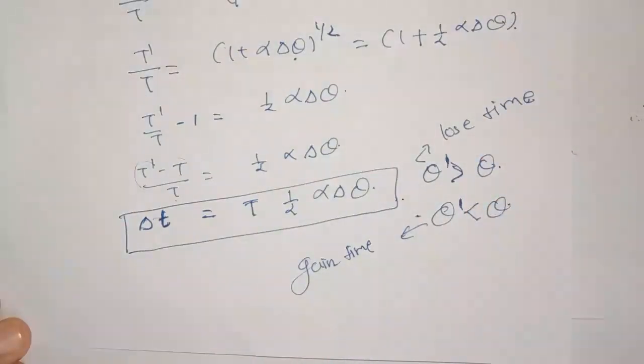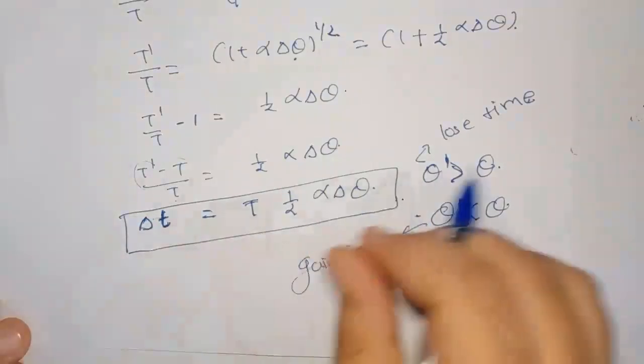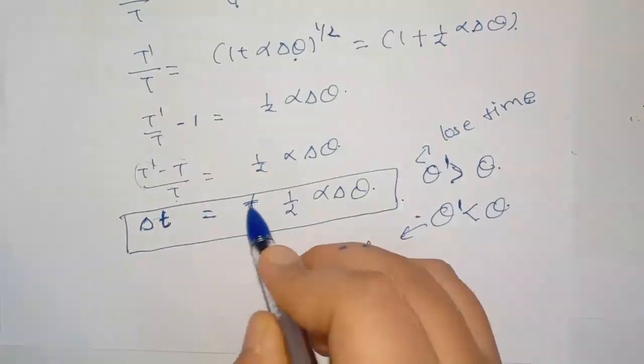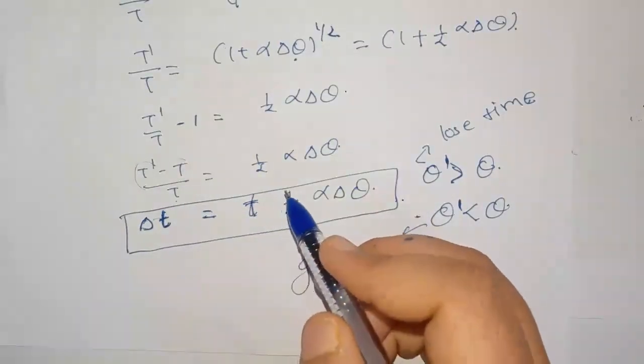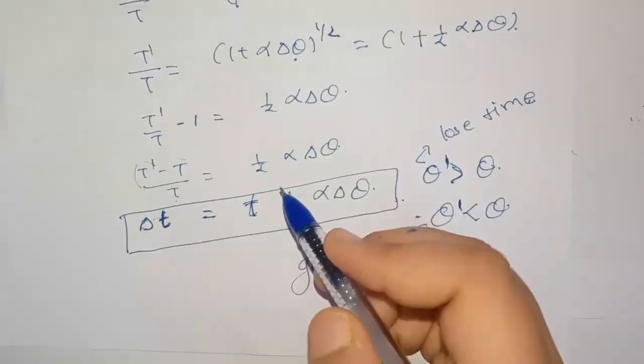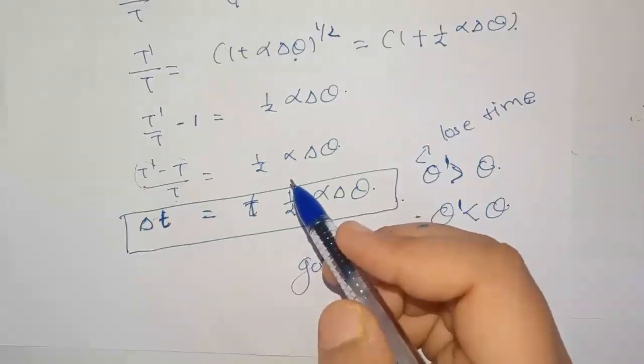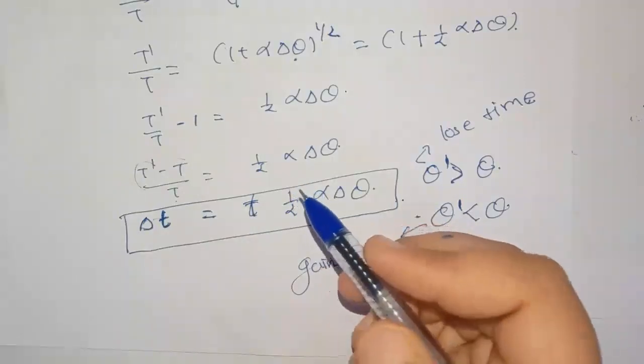The gain or loss in time is independent of time period small t and depends only on time period capital T. Since alpha for invar is very small, most pendulums are made of invar to show the correct time in all the seasons.